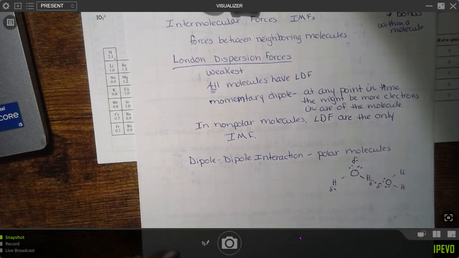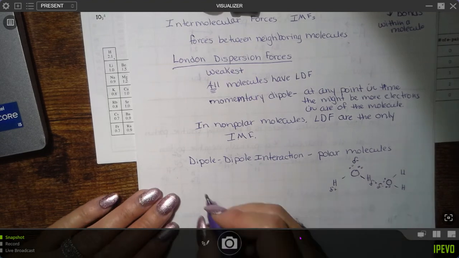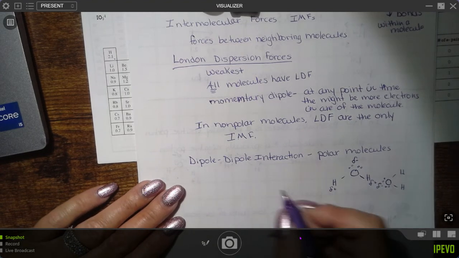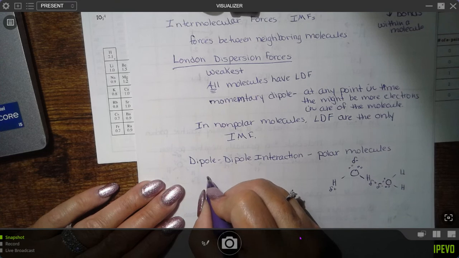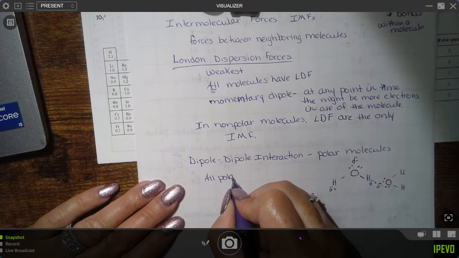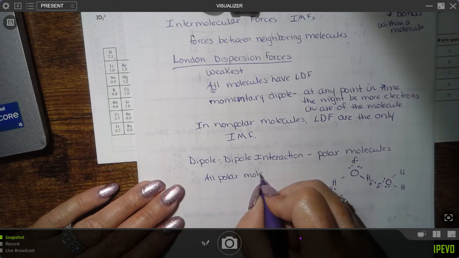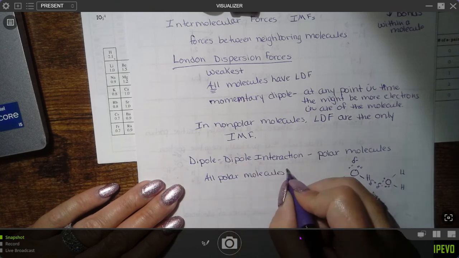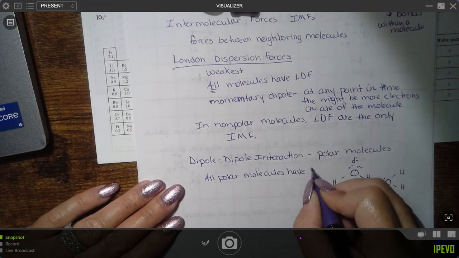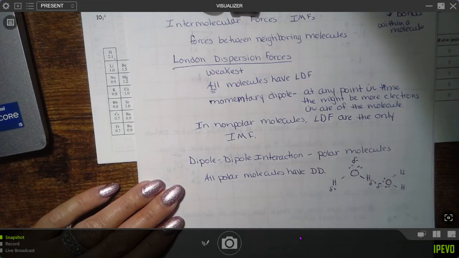So all polar molecules have dipole-dipole forces, abbreviated DD.